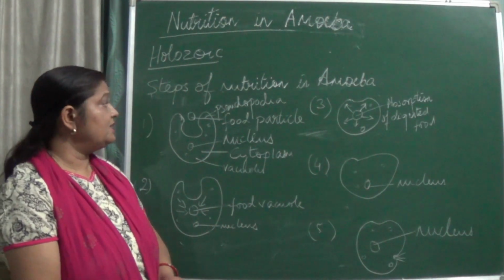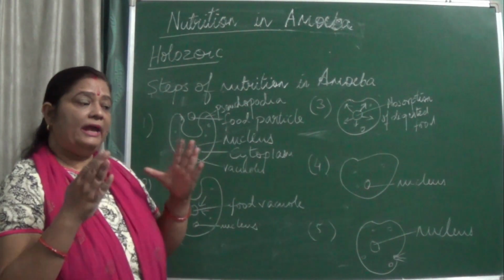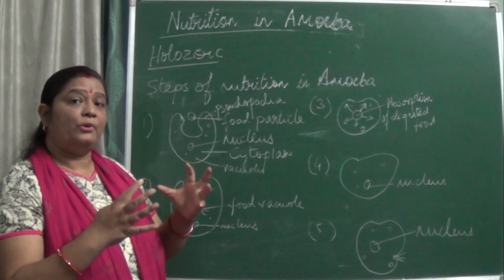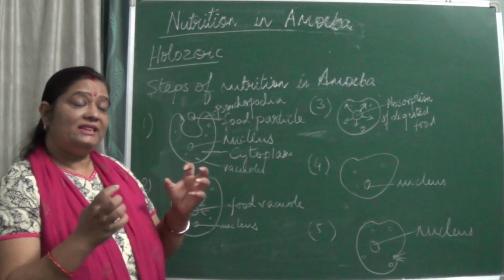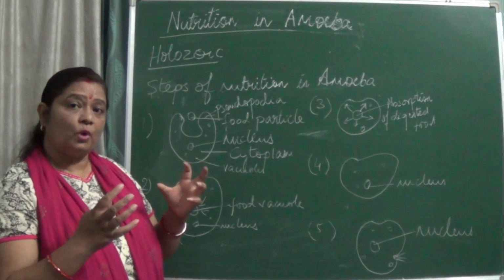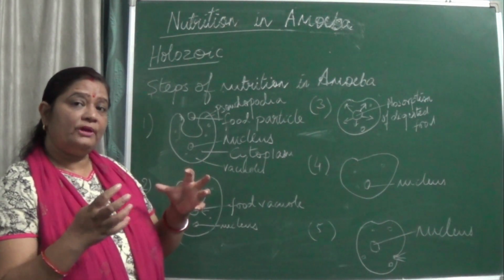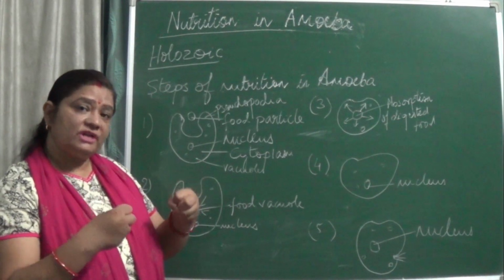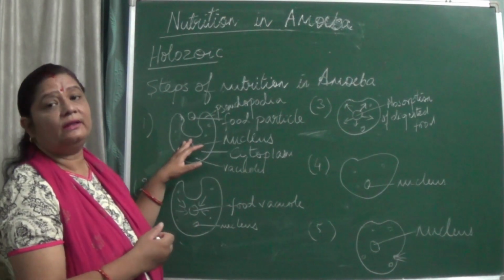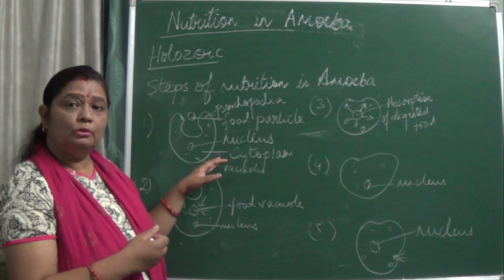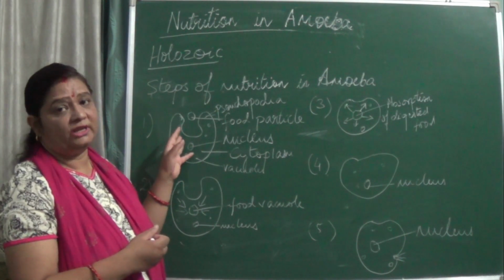Okay, this amoeba doesn't have any particular body shape. Why? Because they take out pseudopodia. Pseudo means false, podia means feet. So pseudopodia are finger-like projections produced by the amoeba in order to move and in order to capture their food.